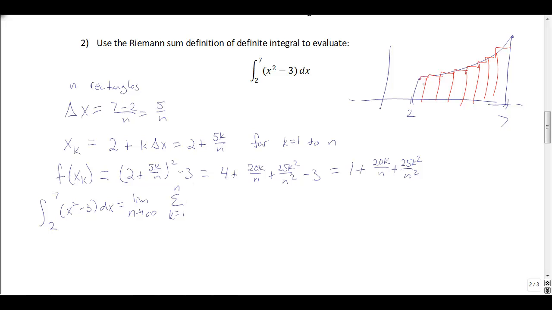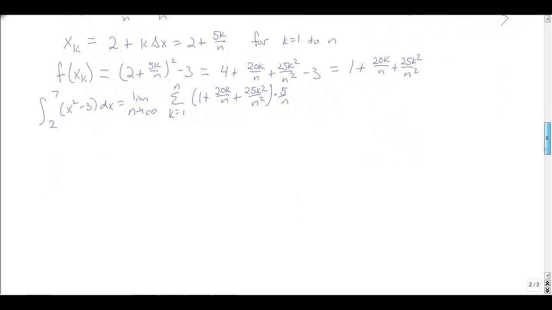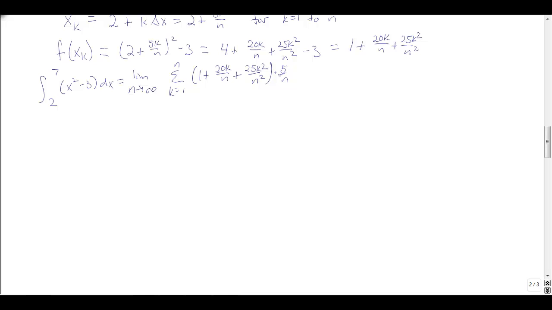The height of the rectangle is f of x_k, which is 1 plus 20k over n plus 25k squared over n squared. And then I multiply by delta x, which is 5 over n. Okay, and then we just need to work this out.